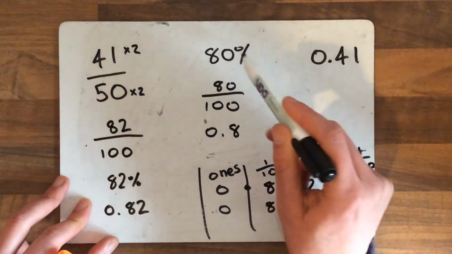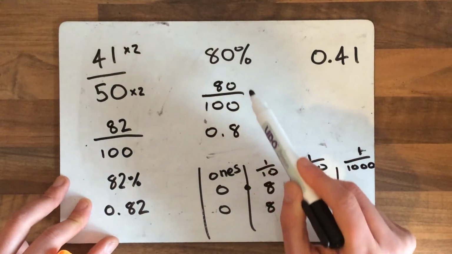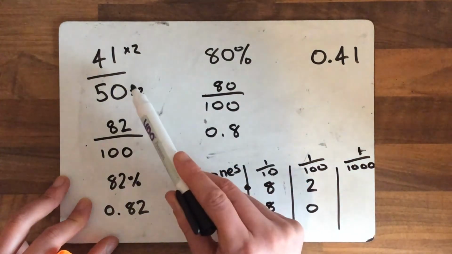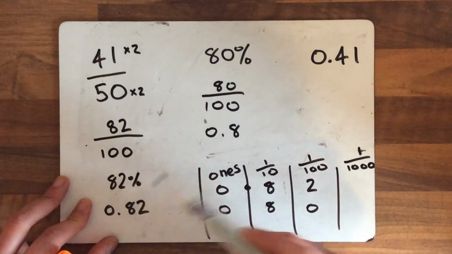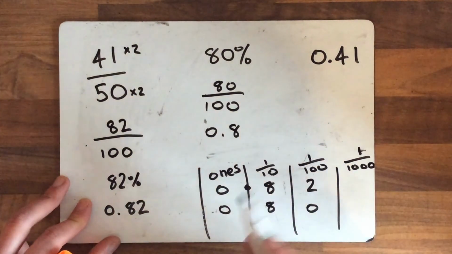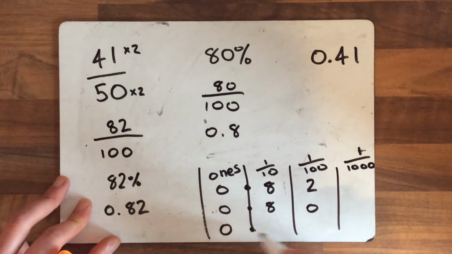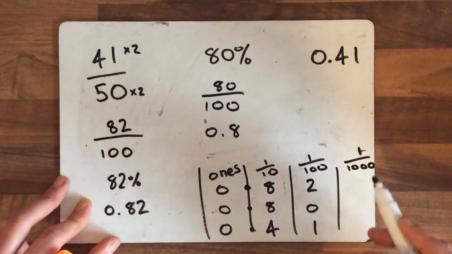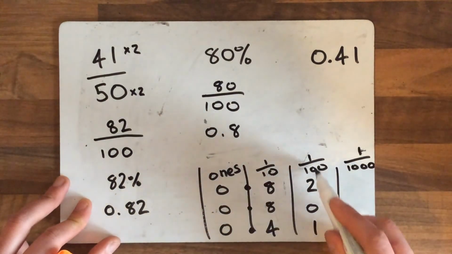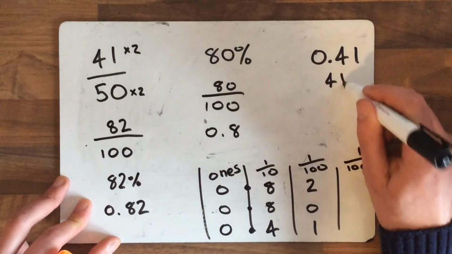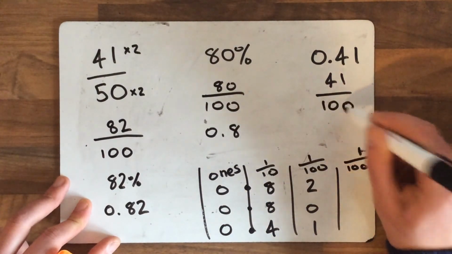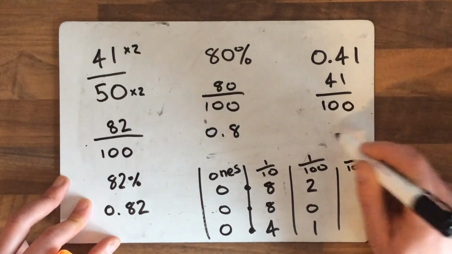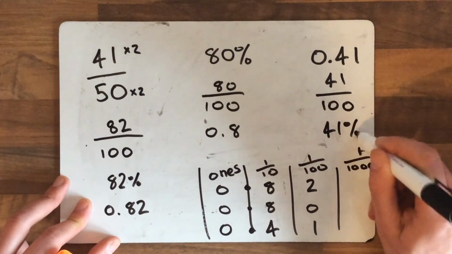So you can see here that I've converted this into a fraction and a decimal, and I converted this into a percentage and a decimal. So let's put this into a fraction and a percentage as well. 0.41, it's gone into the hundreds column, so it would be 41 over 100, or 41%.